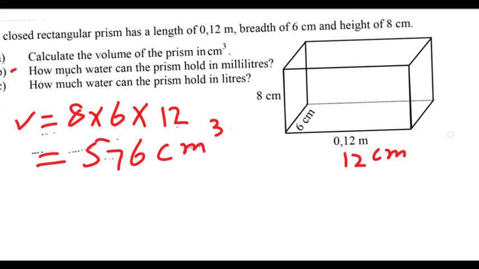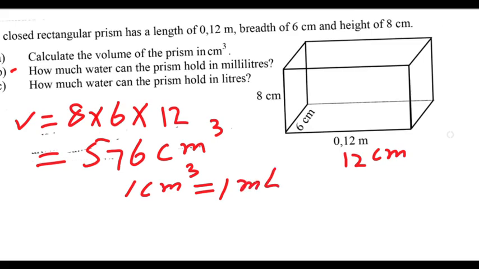Now the B part is how much water can the prism hold in milliliters. So obviously now this is a conversion for capacity we can apply here. And you must remember, I told you earlier that 1 centimeter cube is equal to 1 milliliter.